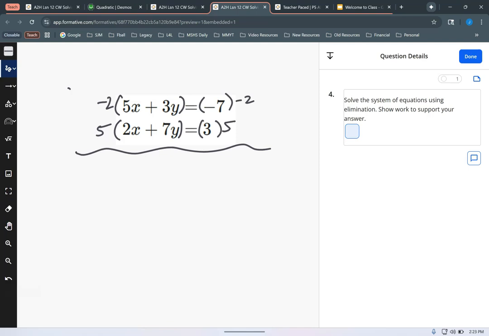So once you've shown me what you're doing to change the equations, then you rewrite. So this is going to be negative 10x minus 6y is equal to positive 14. And then I'm going to have positive 10x plus 35y is equal to 15. And then I can do my sum bar.